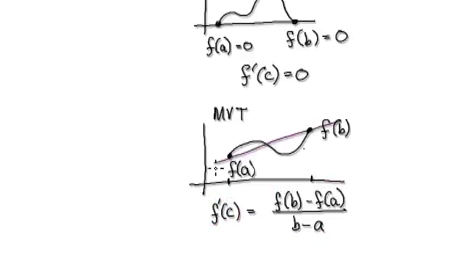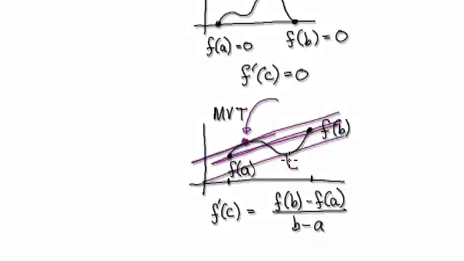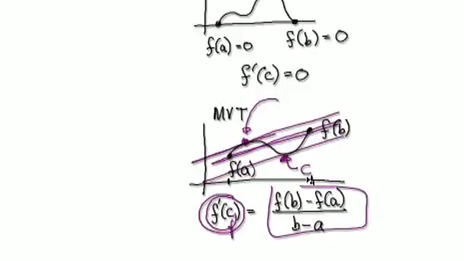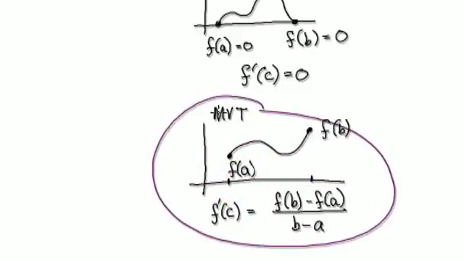So your average gradient looks like this. You see this point here, and so this is parallel to our average gradient. You see c exists here, and also here, because the true gradient at c is equal to our average gradient. The point here is that we've seen this in the past.